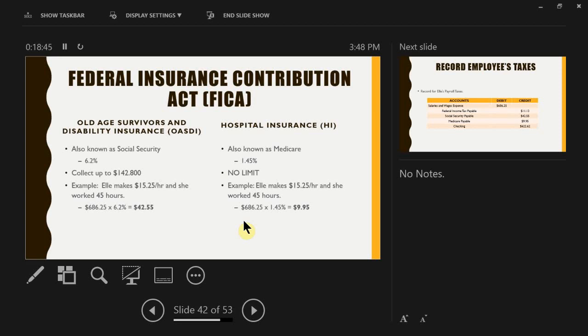Okay, and what this does is it's basically your Social Security and your Medicare. Right now, we're still paying into it. For now, we don't know what will happen in the future. If you've learned in history, it could be something that could be getting rid of. But right now, it's still going on.